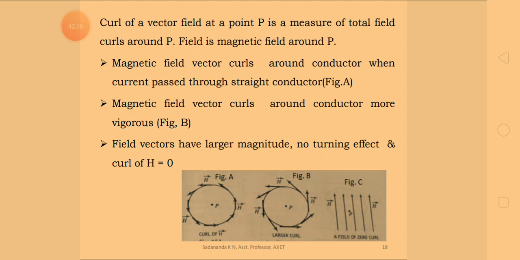And in one more case, figure C, the field vectors, though they have a large magnitude, do not have any turning motion at all. Hence, in this case, curl H turns out to be 0, which means there is no curl. Curl H is equal to 0 for an irrotational vector.